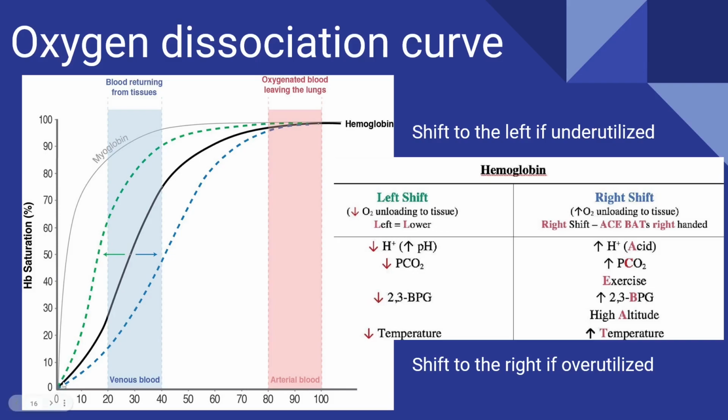When oxygen comes back higher, say between 80 and 90% SvO2, that tells us our oxygen is being underutilized. The line shifts to the left when our SvO2 comes back high, and that tells us our hemoglobin is coming back saturated when it should not be.